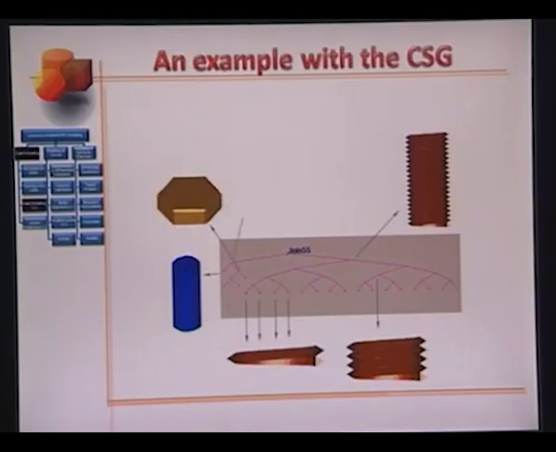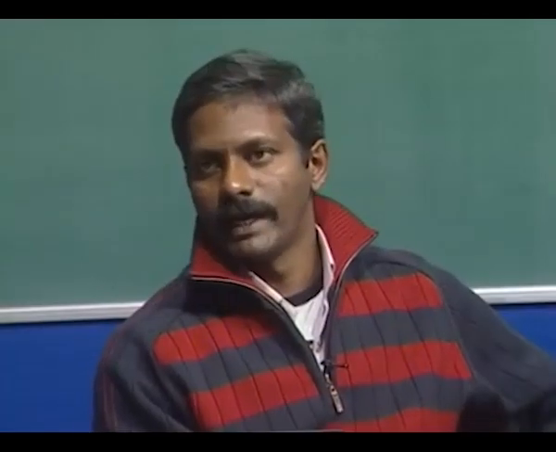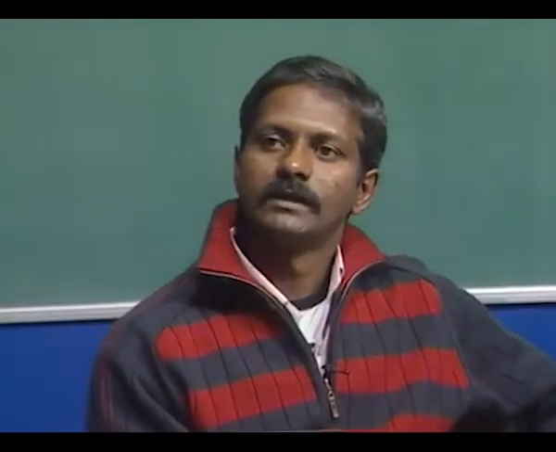They can be joined together to get this intermediate result, and these two results can be joined together to give me a hexagonal bolt. In a similar manner, one can think of constructing very complex solids with very complex features.